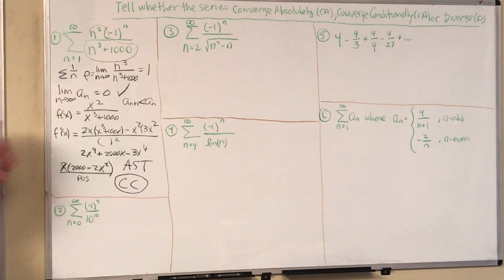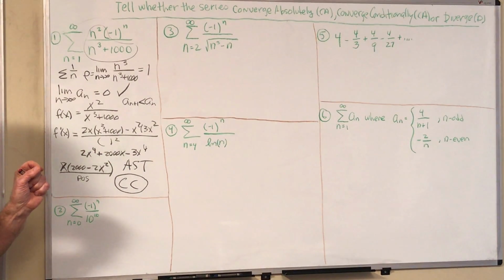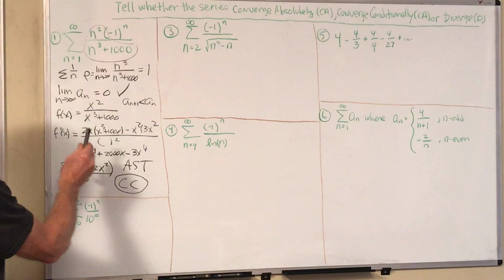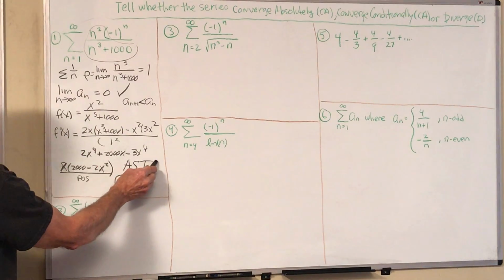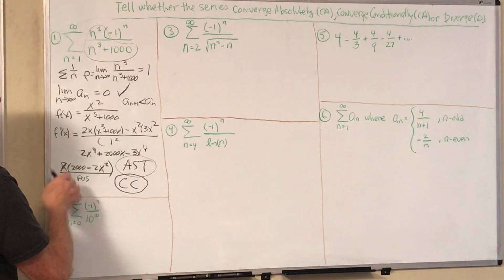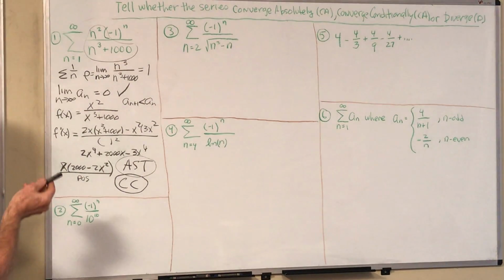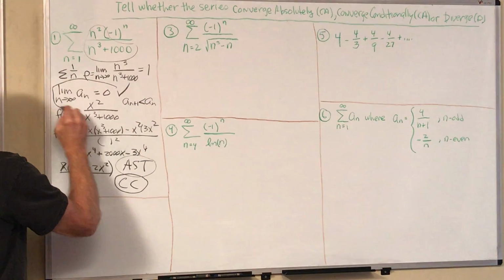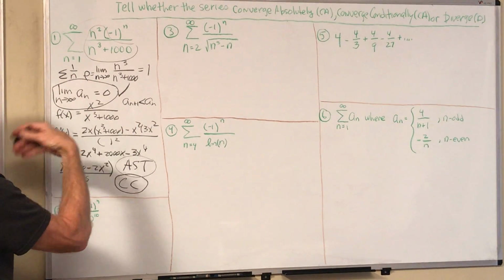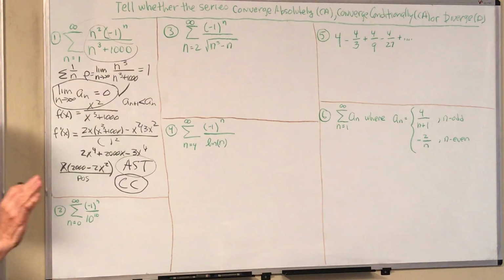And I'm also going to say one other thing, and I've never let students take shortcuts. But in this case, you see by far the hardest part of the alternating series test is to show that these things are decreasing. And I can tell you from experience, and it just kind of makes sense, that if the limit goes to 0, almost always the terms are going to be decreasing.